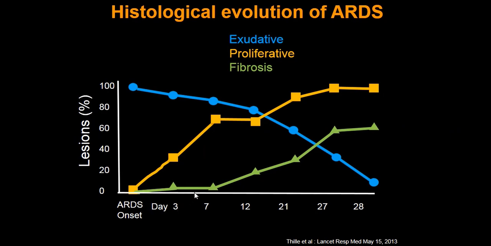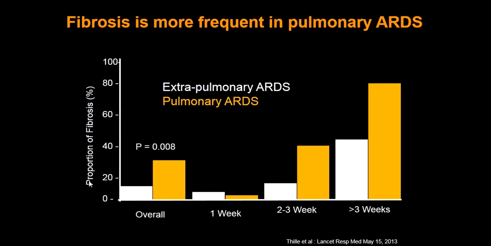And the other thing to say is that the percentage of lesions that you can find in ARDS as fibrosis is minimal or negligible in the first week. And you can see that a little bit better, I think, in these histograms, where in the first week there is a very small proportion of fibrosis, but you can see that the pulmonary ARDS tends to have a greater percentage of fibrosis compared to the extrapulmonary.